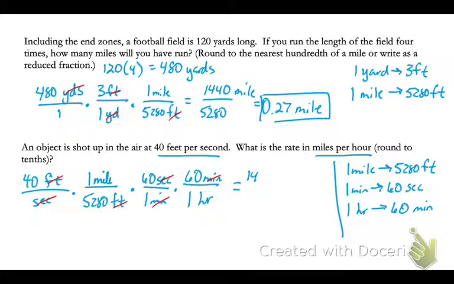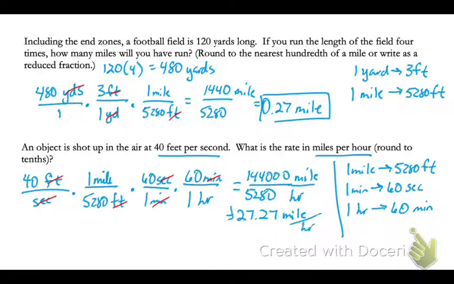So if we multiply our numbers straight across, 40 times 60 times 60, we get 144,000 over 5,280 miles per hour. And then let's divide that down into a meaningful speed, which is 27 and 27 hundredths miles per hour.